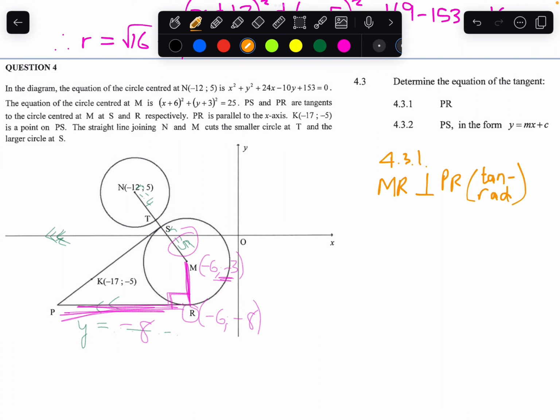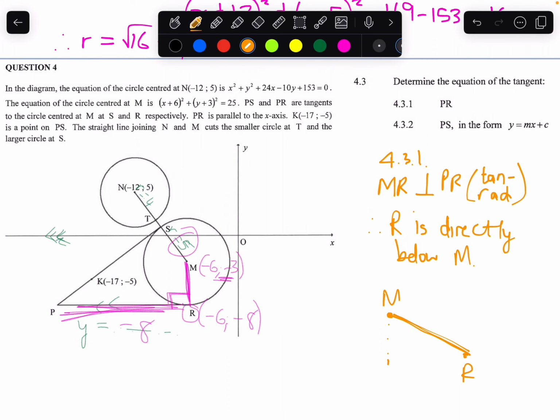Okay, and so therefore R is directly below M. Okay, so that's very important, because if it wasn't the case, if M was here and R was here, right, so there's a slant there, it's not directly below M.